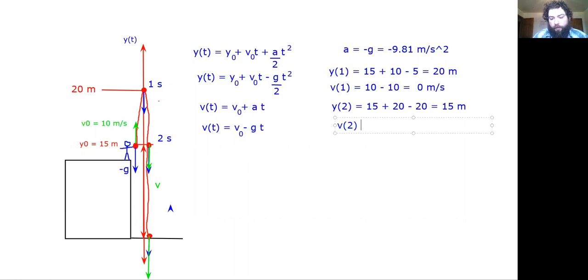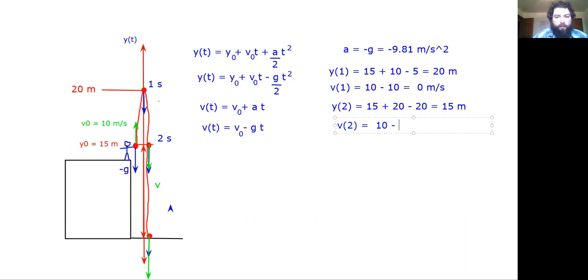So we can figure out what the velocity is at t equals 2 seconds. I'm going to guess it's going to be 10 meters per second because, since it's symmetric, it should be going down at the same speed that it went going up. But we'll verify that.